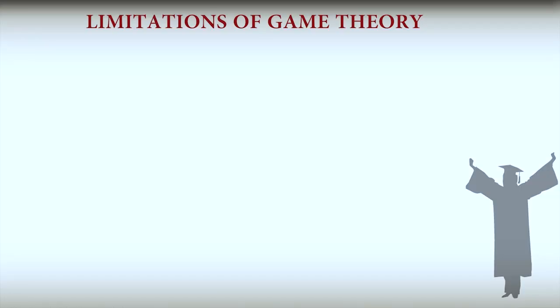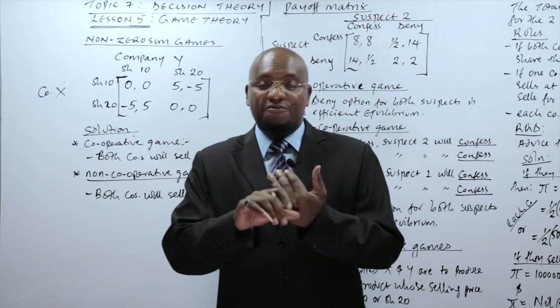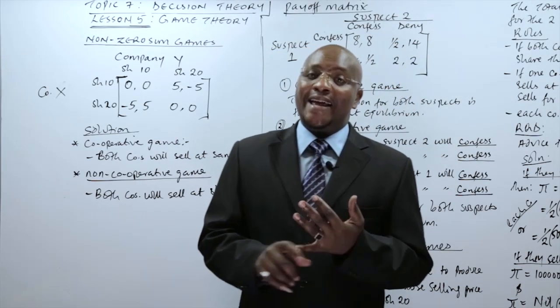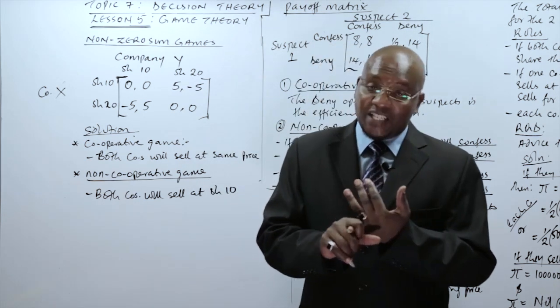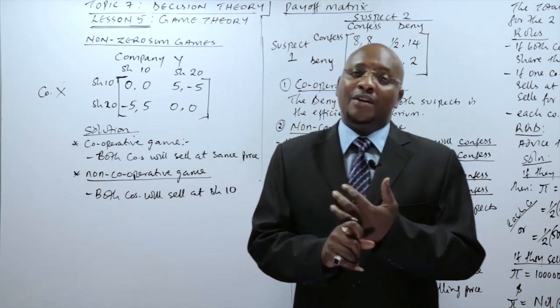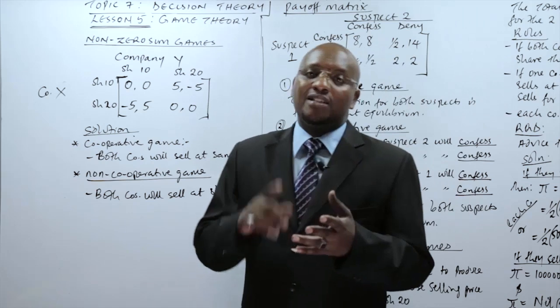Another disadvantage or limitation is the presence of the government. Now, government either as an active player or government as a referee or what you call arbitrator. The government can be an active player, especially when it's offering the same services. The government has hospitals. The government has schools.